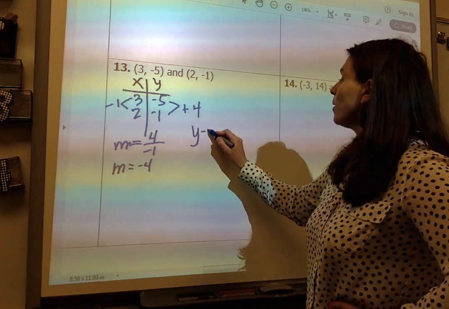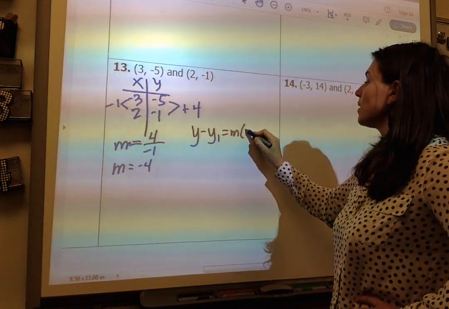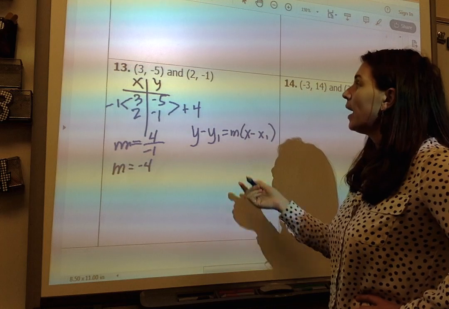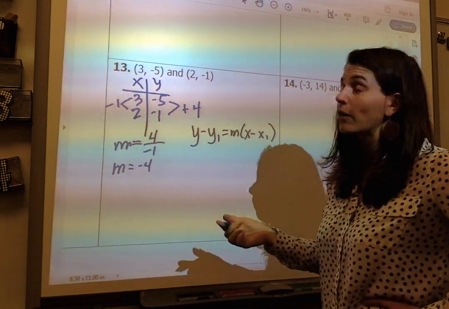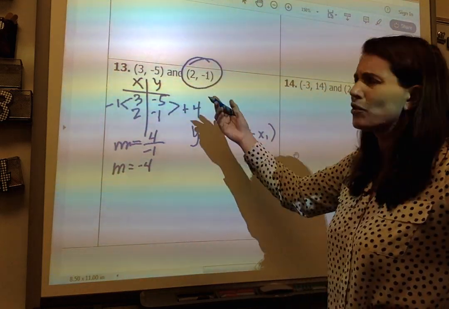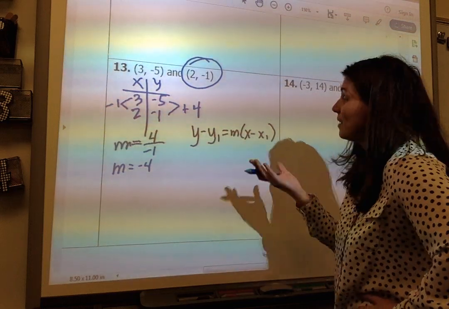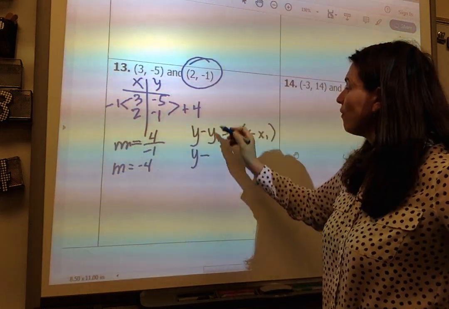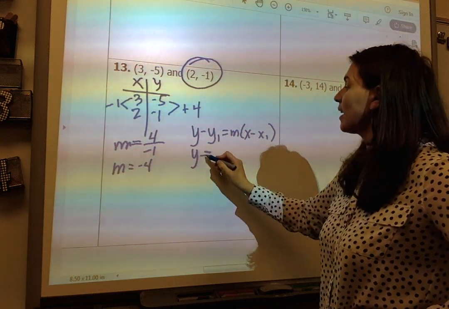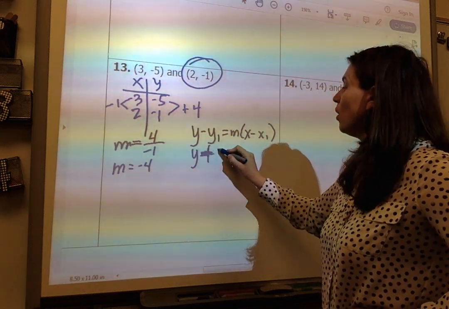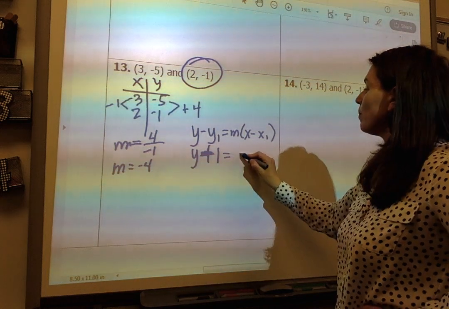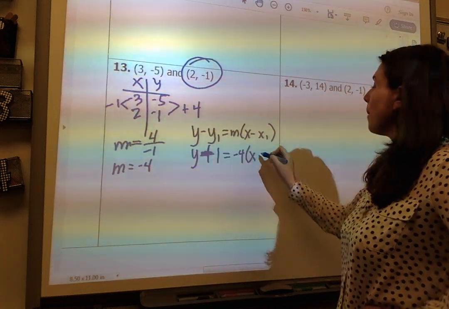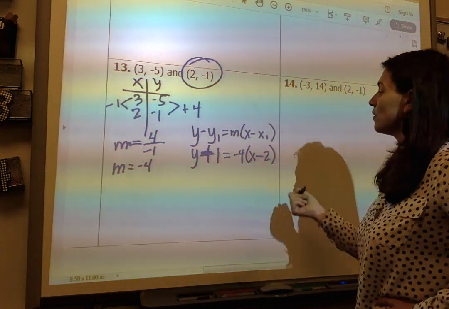Now I use my formula, y minus y1 equals m times x minus x1, and I plug in some values. Again, it doesn't matter what point. I'm going to use this one just because it's lower numbers, and in my head that makes it easy. So here I have y minus a -1. 1 minus a negative becomes +1, equals my slope -4, times x minus my x value, 2.